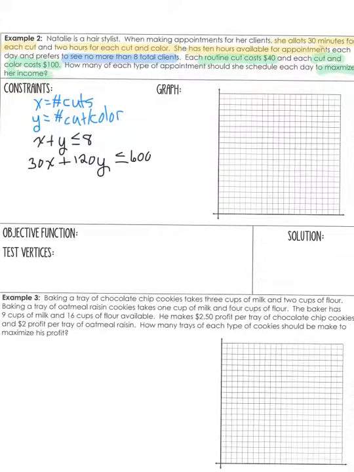You've got a calculator. So then let's go ahead and solve both of these equations for Y. If I take this first equation and solve it for Y, we're going to subtract X from both sides. This is going to end up giving me Y is less than or equal to negative X plus 8. We'll graph that in a minute. Then for the second one, to solve for Y, I need to get that by itself, so I'm going to subtract 30X.